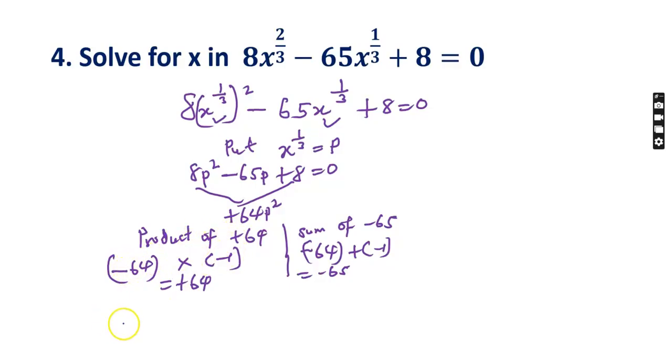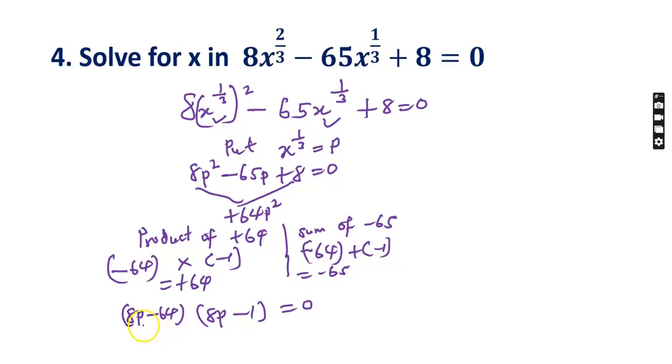So what I'll do here is open a bracket, close the bracket, open a bracket, close the bracket, equal to 0. So I have 8p squared, so I'll have 8p, 8p. The factors are minus 64 and minus 1. What is the HCF of 8 and 64?